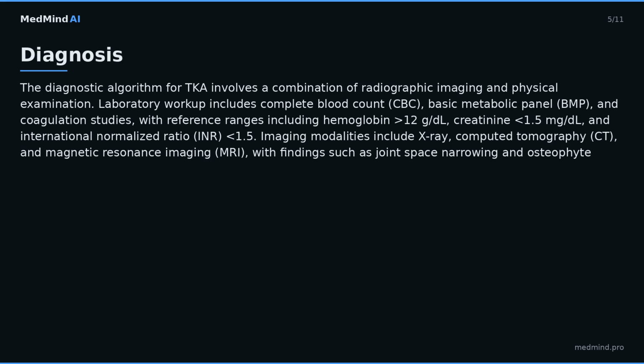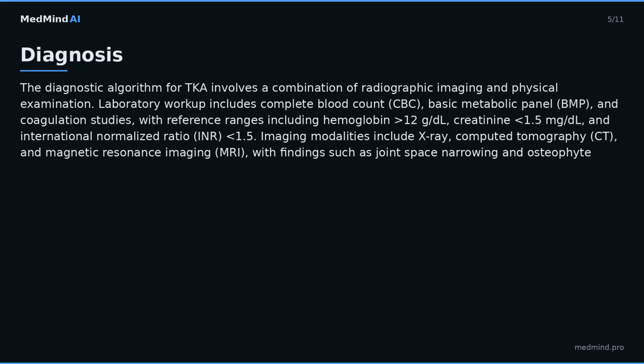Diagnosis. The diagnostic algorithm for TKA involves a combination of radiographic imaging and physical examination. Laboratory workup includes complete blood count, CBC, basic metabolic panel, BMP, and coagulation studies, with reference ranges including hemoglobin greater than 12 g/dl, creatinine less than 1.5 mg per deciliter, and international normalized ratio, INR, less than 1.5.